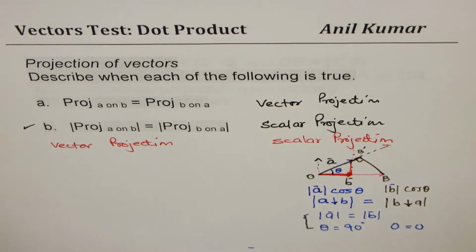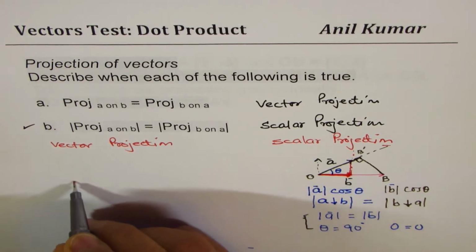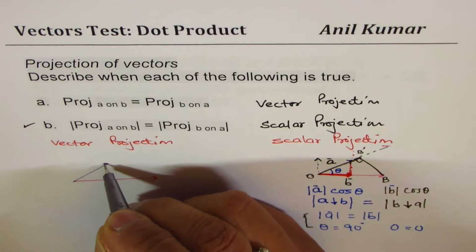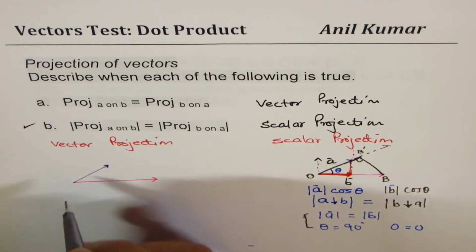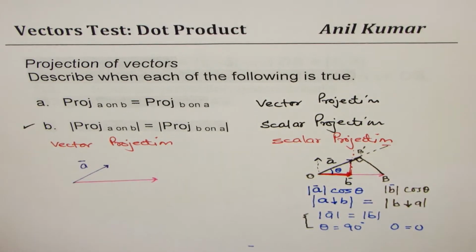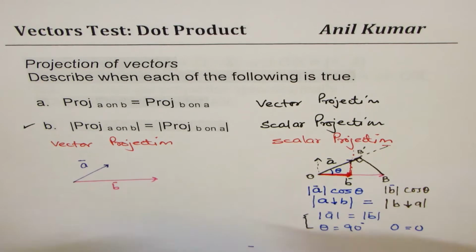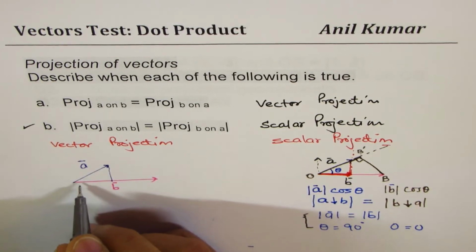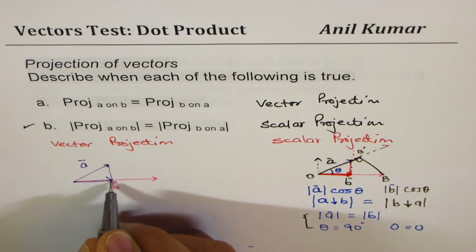Now let's get back to the vector projections, right? So we'll take the same vectors. Let's say this is one, the other one is this. Correct. Now when I say projection of A on B, it really means this much with the direction.